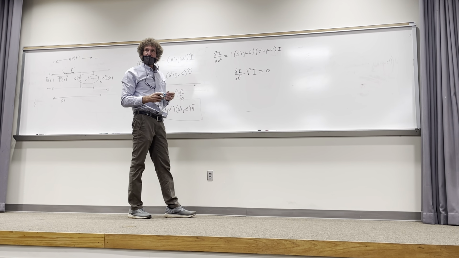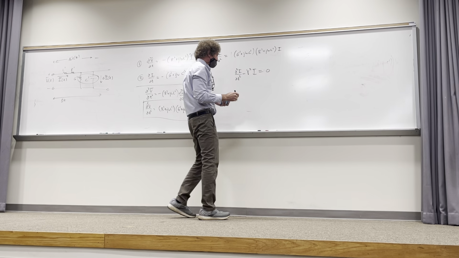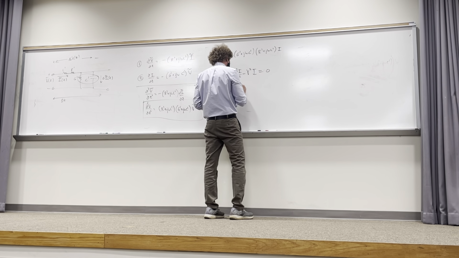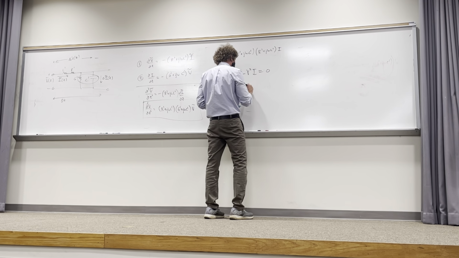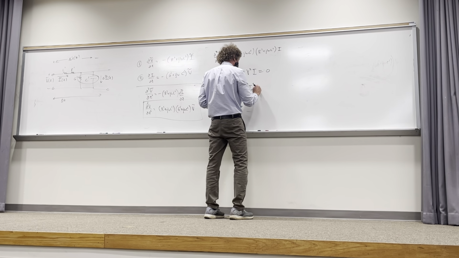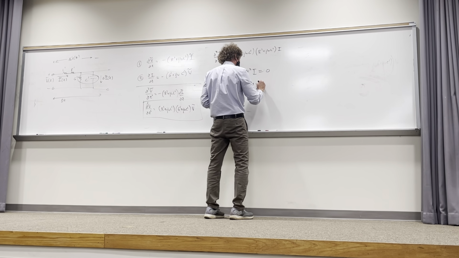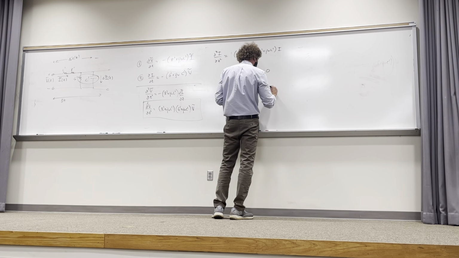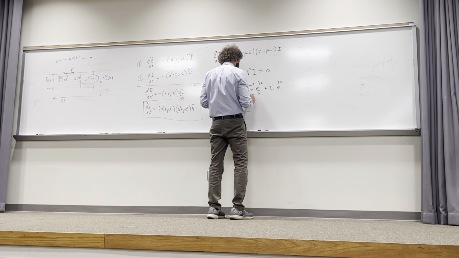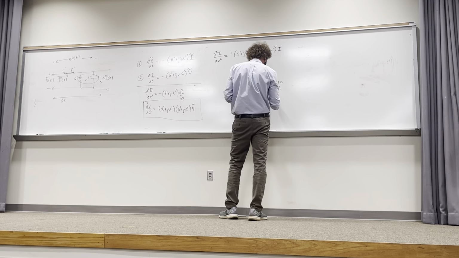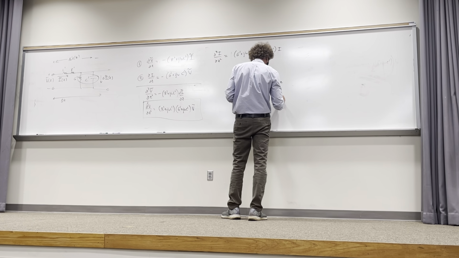The solution for this is just like the prior solution. I will be equal to some I naught plus e to the minus gamma z plus I naught minus e to the gamma z. This is a waveform traveling in the positive z. This is a wave traveling in the minus z.